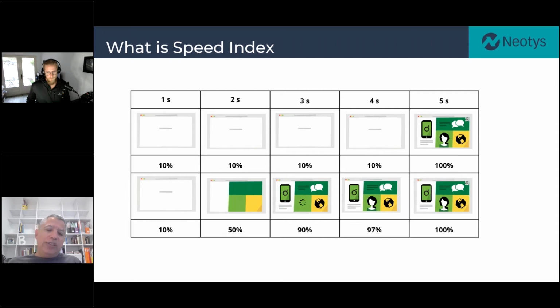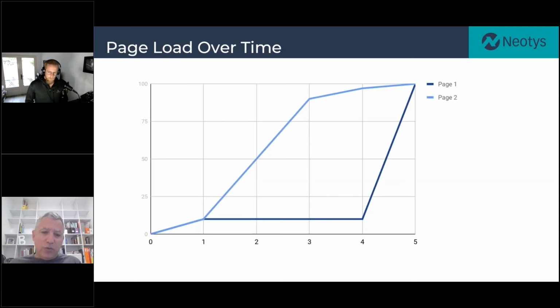Going to the next slide, you can see how it is being calculated. Speed index is the area on top of the graph of the pixel percentage. After 5 seconds, both of the pages are fully loaded, so they have 100% pixel comparison accuracy.